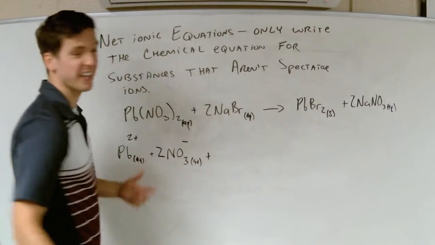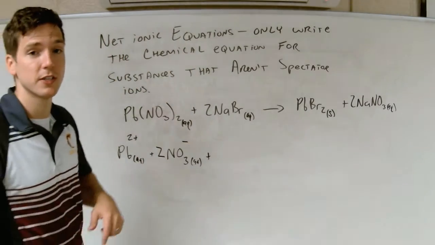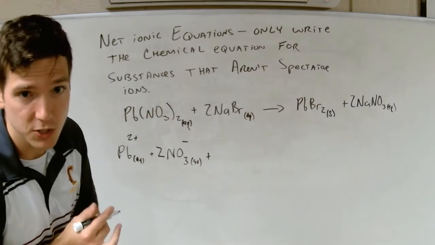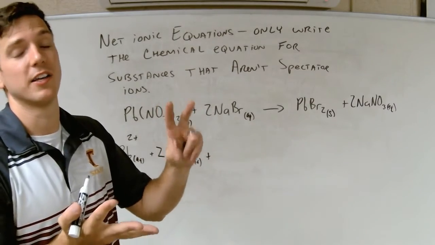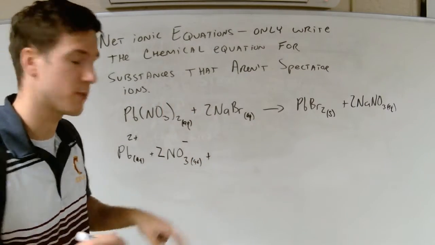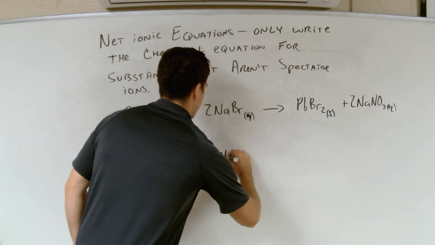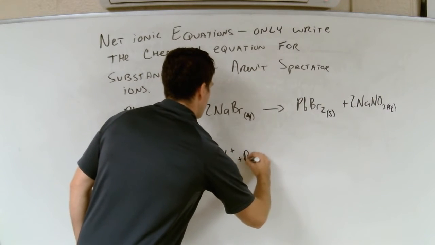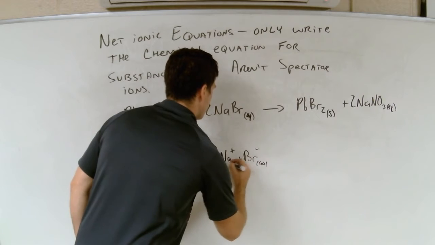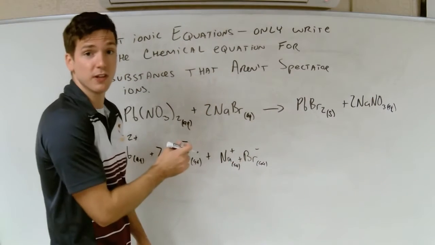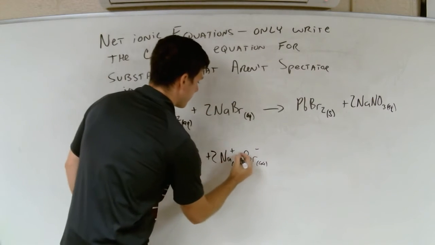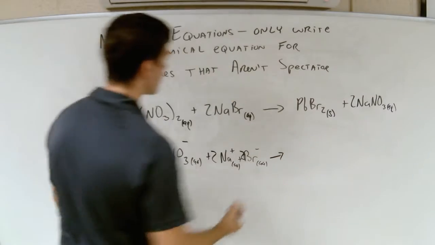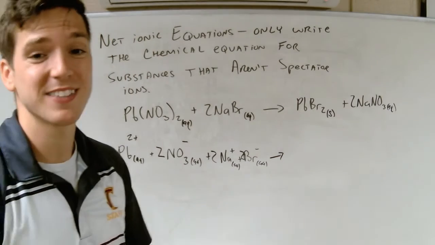NaBr. It's an aqueous solution, right? So it splits apart, because it's got soluble ions in it, or it's a strong acid or strong base, so it breaks apart. It's going to break up into Na+ aqueous and Br- aqueous. And since there was a 2 in front, I got 2 of each. Okay? PbBr2, that's a nice one.